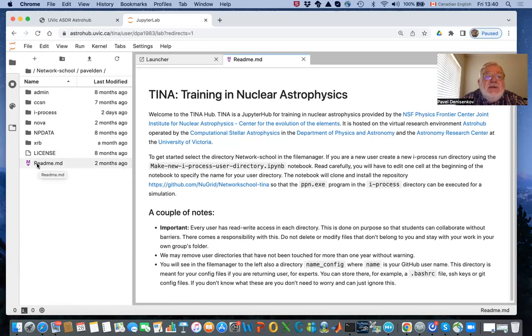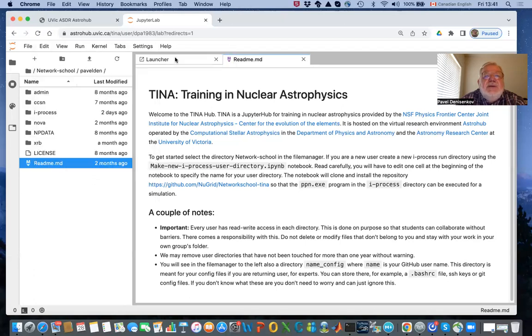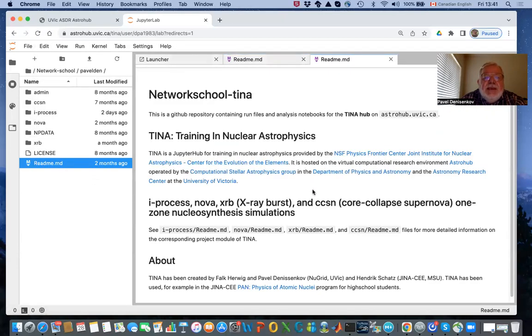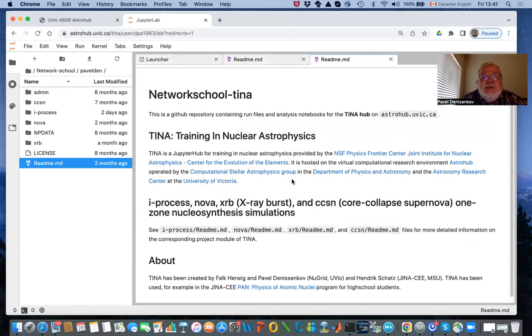Again, you click it with the right button and click open with Markdown previewer, and you will have one more README file, which explains briefly what type of one-zone nucleosynthesis post-processing calculations you can do with these TINA notebooks.